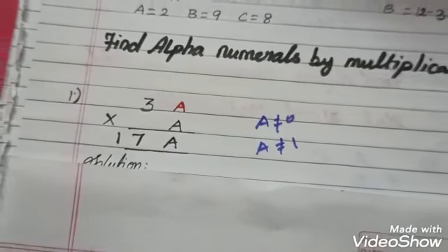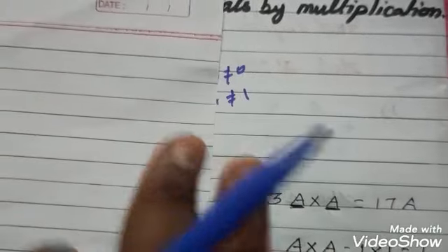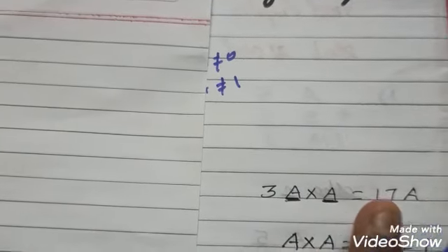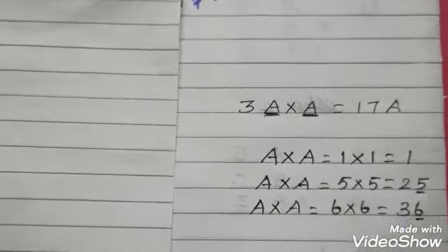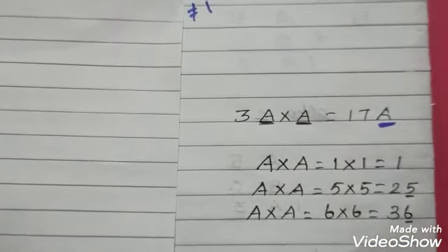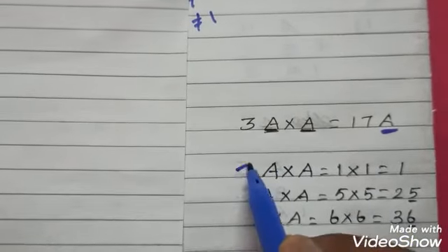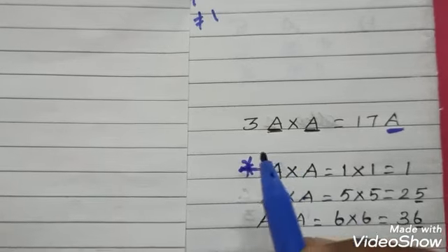For the trial method, you just have to check it. For example, 3A multiplied with A, you get 107A. So A into A gives A in the unit place. I could take 1 also, but already I told you 1 is already there, we won't take 1.